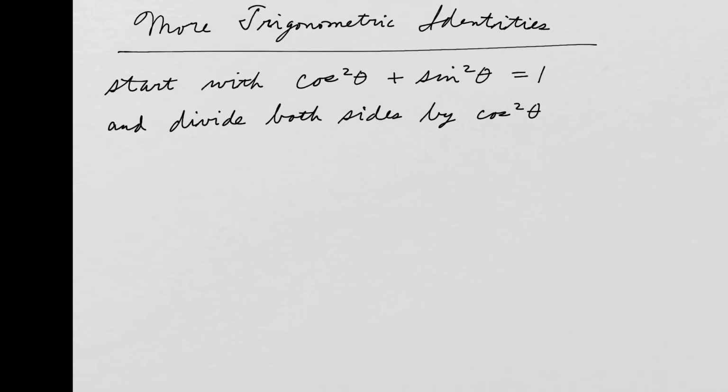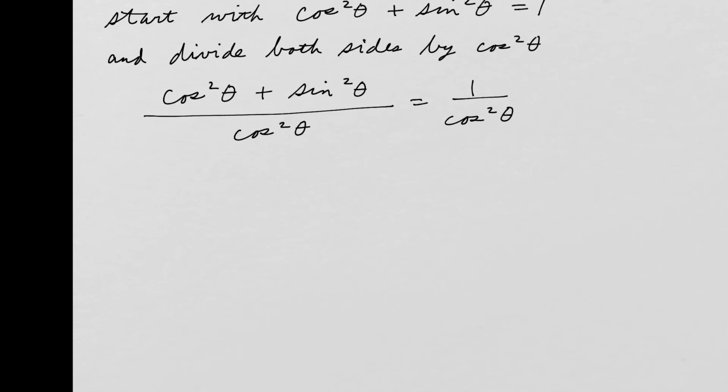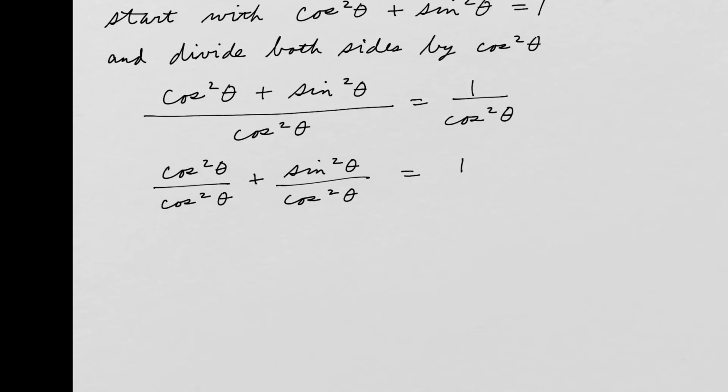So I'm going to divide the left-hand side by cosine squared of theta, and the right-hand side by cosine squared of theta. Well, if you look at this left-hand side, I can split this up. This is really the same as cosine squared of theta divided by cosine squared of theta plus sine squared of theta divided by cosine squared of theta equals 1 over cosine squared of theta.